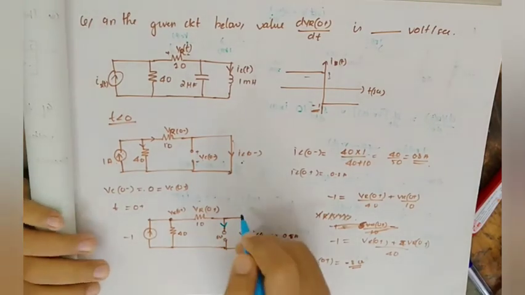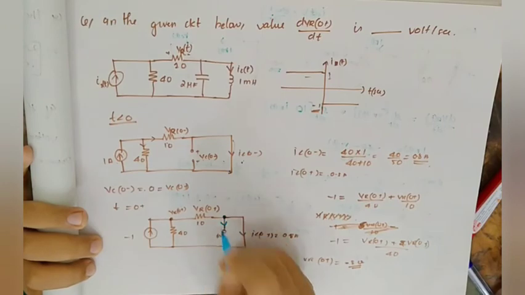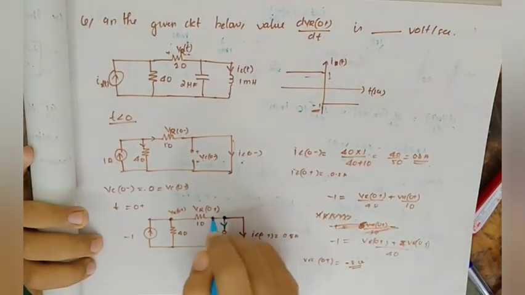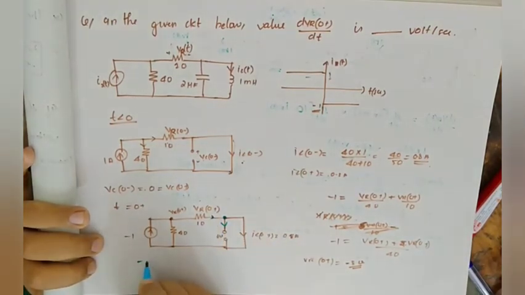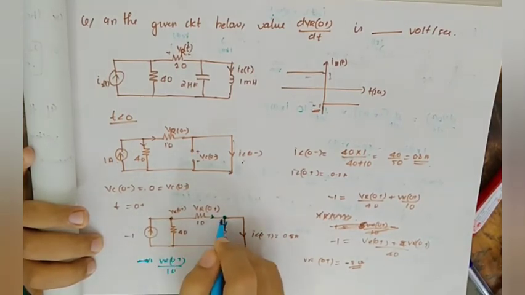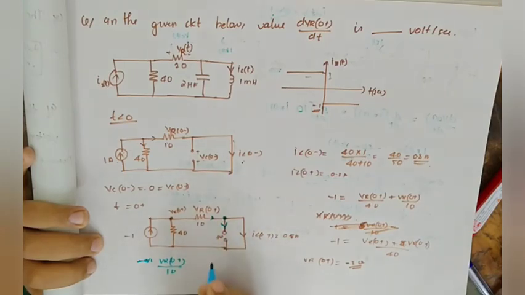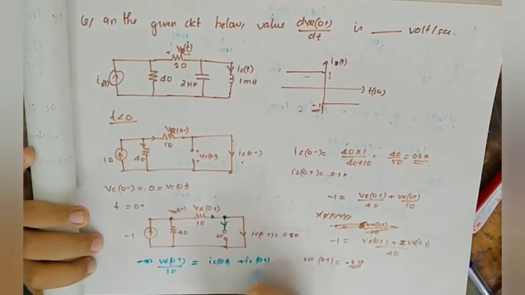So right in the node equation over here I can write this VR of 0 plus divided by 10, that is the current flowing to the node, equal to IC of 0 plus plus IL of 0 plus, right?